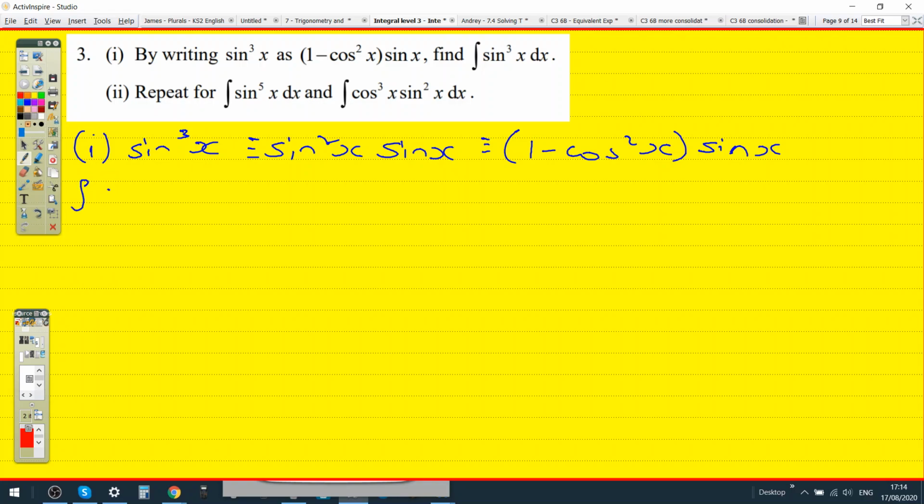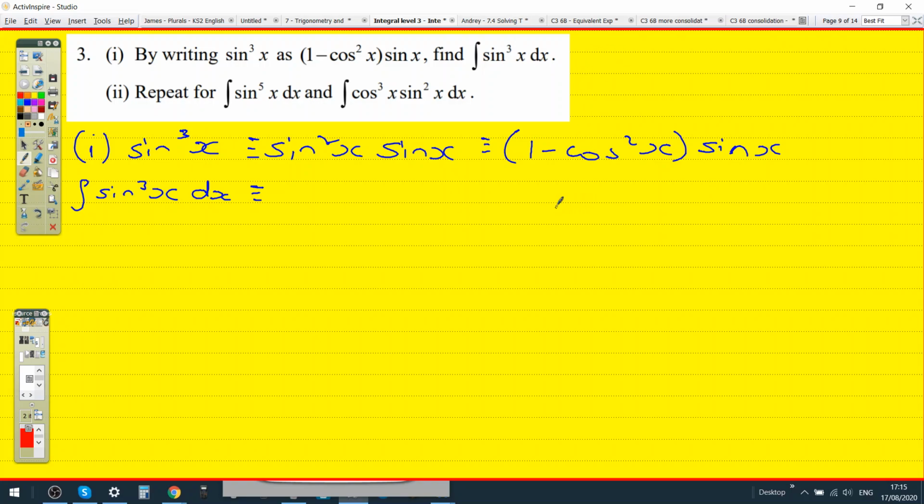I think you would do maybe u is equal to sine x, and then du by dx is equal to cos x. Is it cos x minus cos x? Do you know the integral of cos squared x? No. Could do it twice, I suppose.